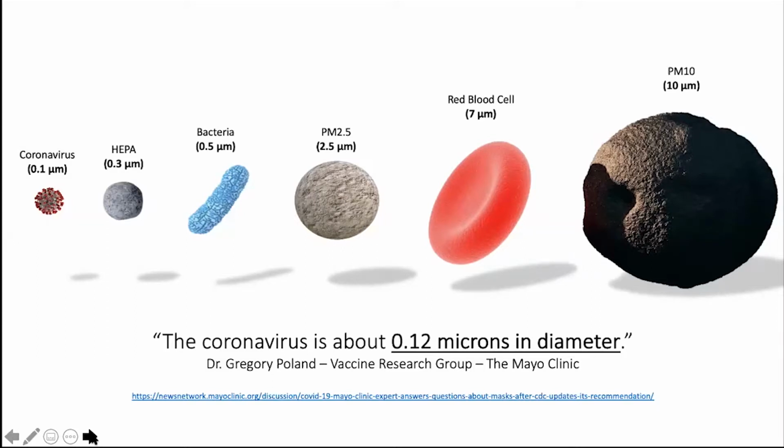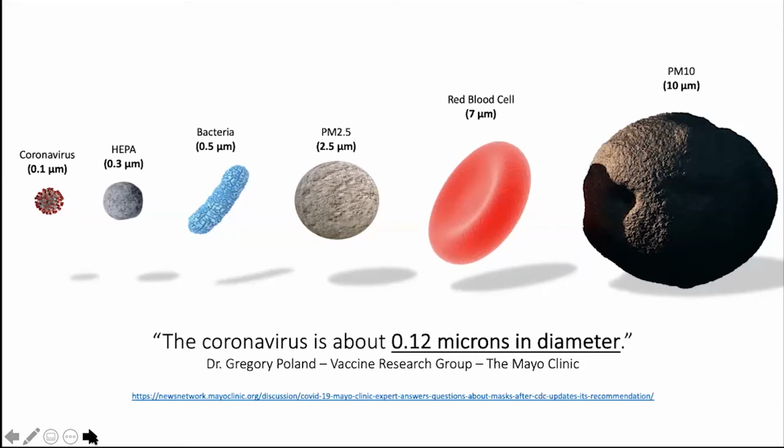And so when we look at the coronavirus in particular, we want to understand the size of that virus versus the type of technology needed in order to eradicate those things. The coronavirus is really about 0.12 microns in diameter. And 1 micron is 1/25,400th of an inch, and this is 1/10 of 1/25,400th of an inch. That's a super, super small particle.